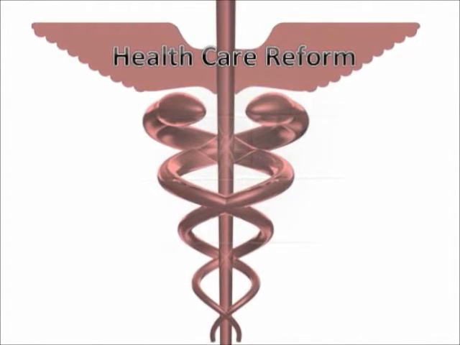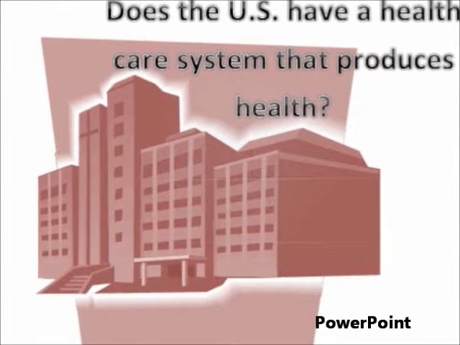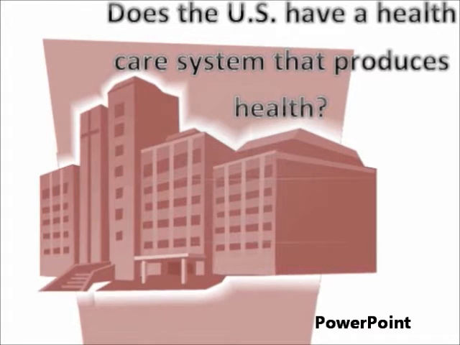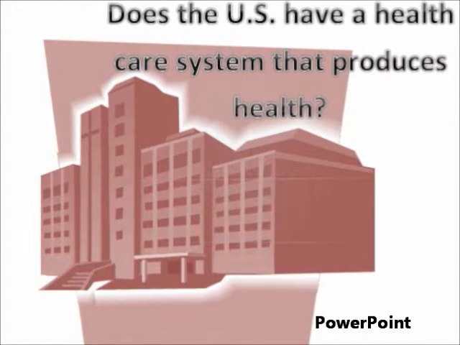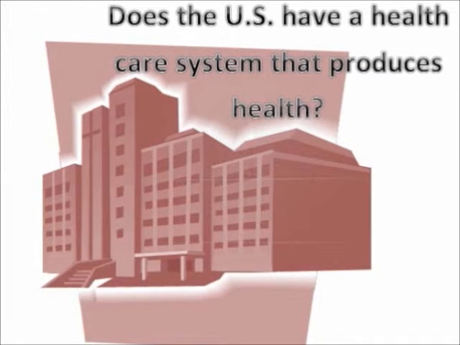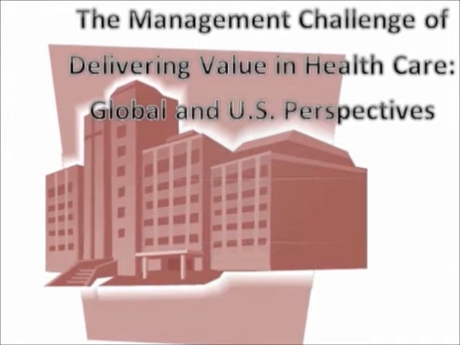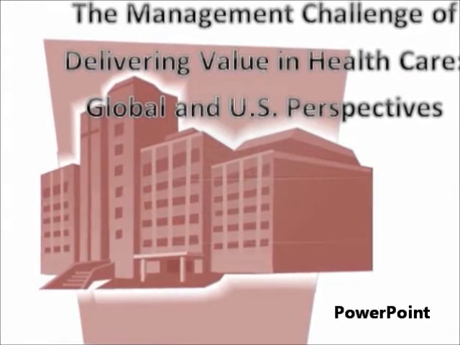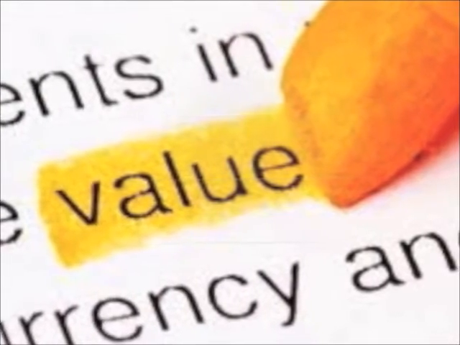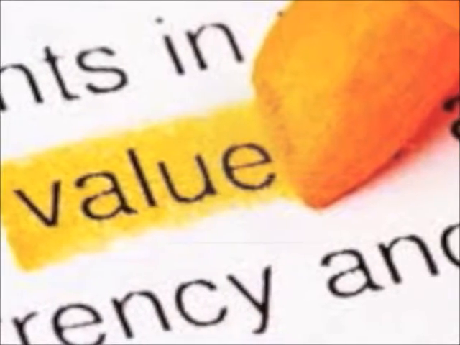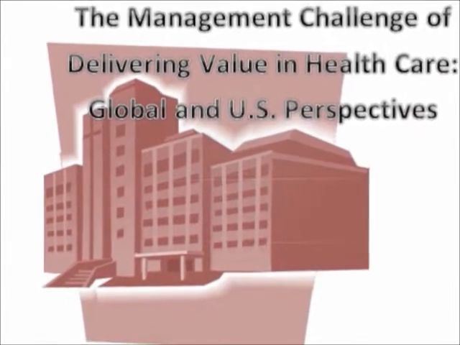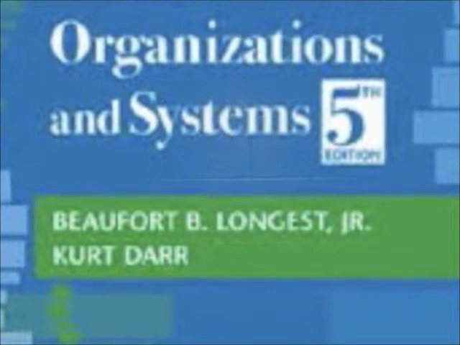Also put together for you are some PowerPoints that start with an introduction that asks and addresses the question, does the U.S. have a health system that produces health? And another PowerPoint, the management challenge of delivering value, again there's that word, in healthcare, both globally and from a U.S. perspective.